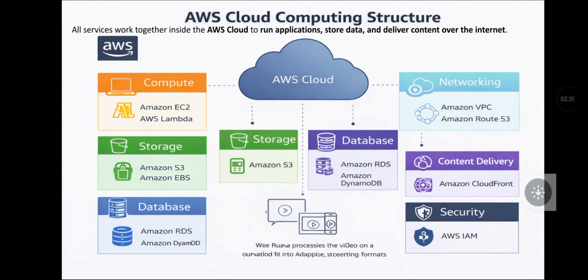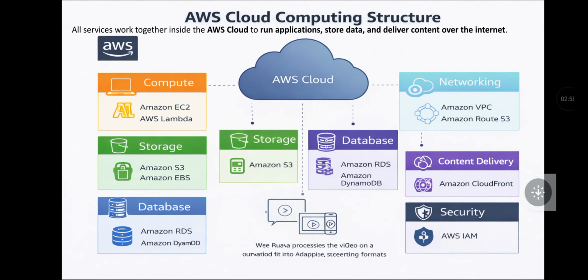So on the left hand side there is compute, which is Amazon EC2, AWS Lambda. The second is your storage, Amazon S3 and Amazon EBS.